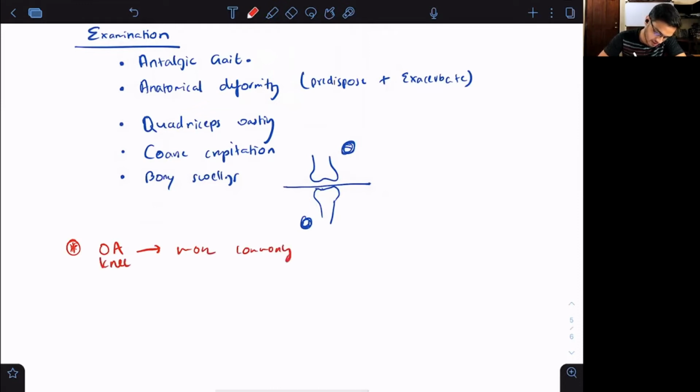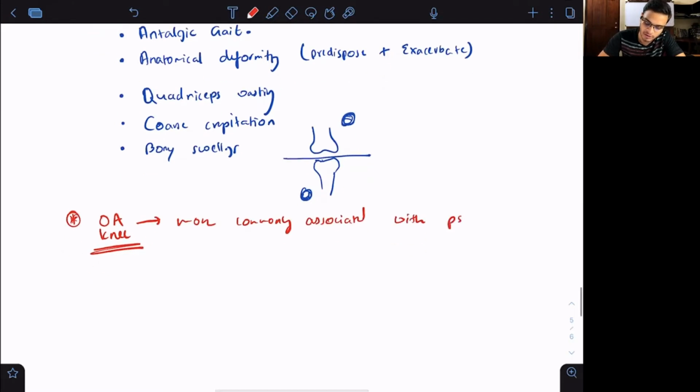The knee osteoarthritis, that's what I want to specify. Not just osteoarthritis. Osteoarthritis of the knee is more commonly associated with what? Pseudo gout.